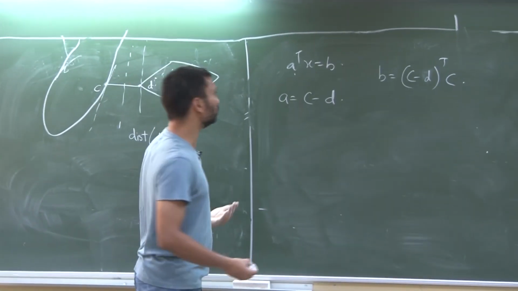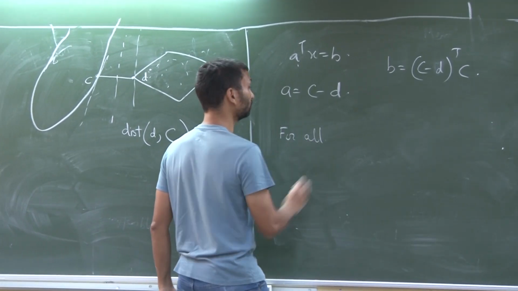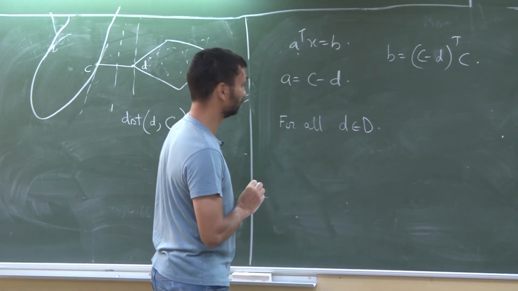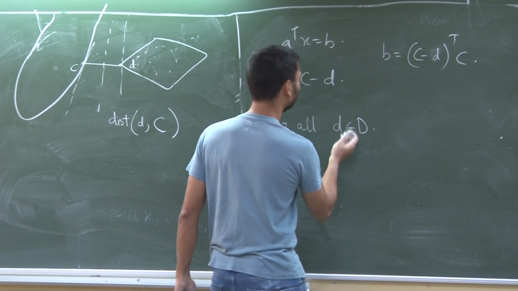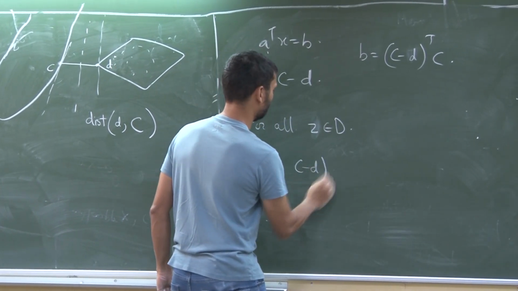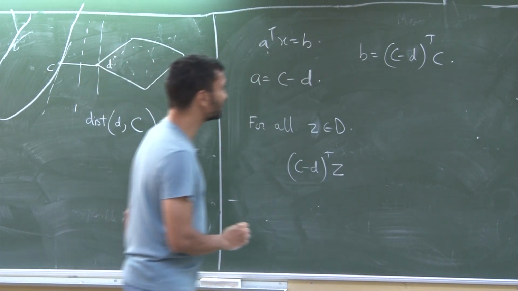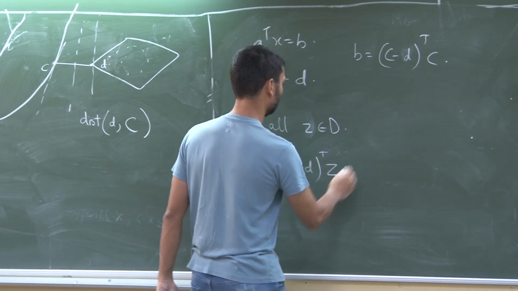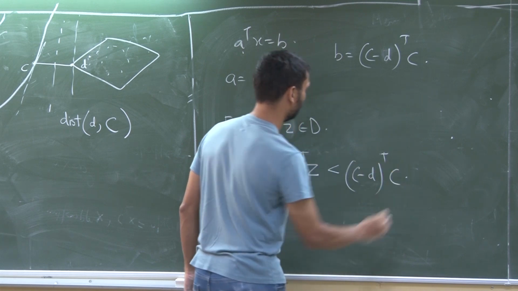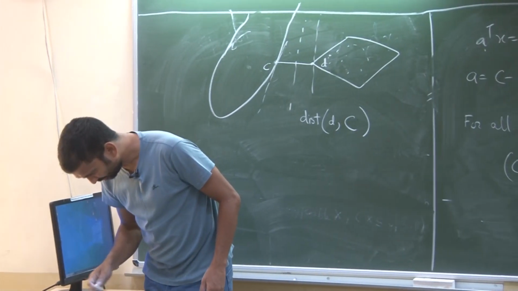So now I want to show that for all Z in D, A transpose Z is going to be less than or greater than, you can figure out the direction.